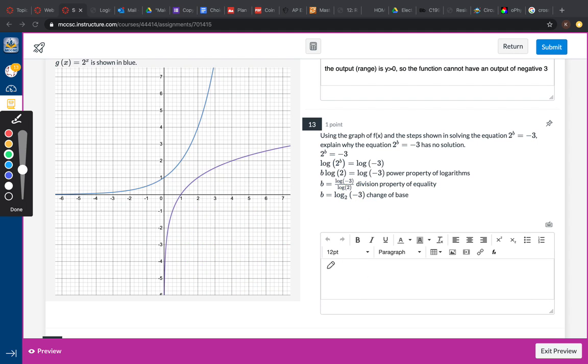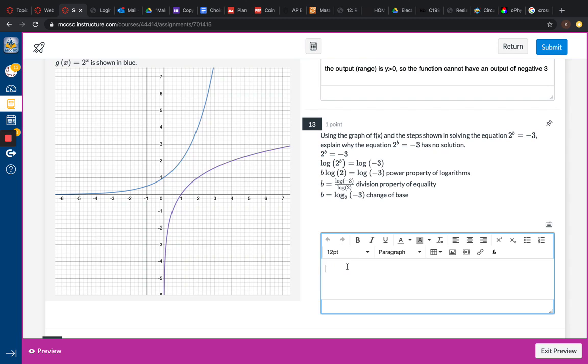Negative 3 is not in the domain, so it can't have an answer. You can't take the log of a negative. That is our important takeaway from this. So using the graph, negative 3 is not in the domain of f of x, so therefore it does not have a defined solution.